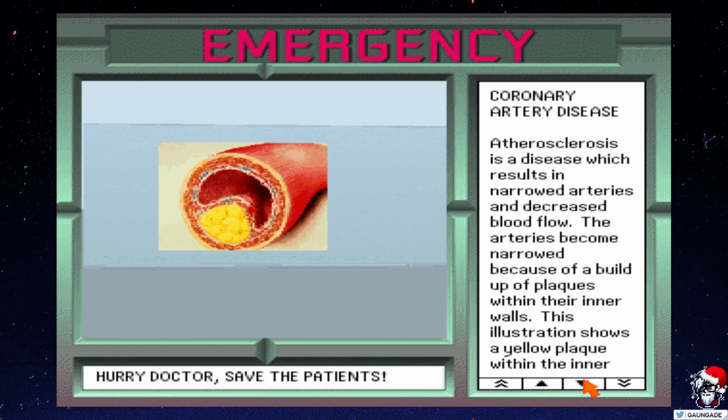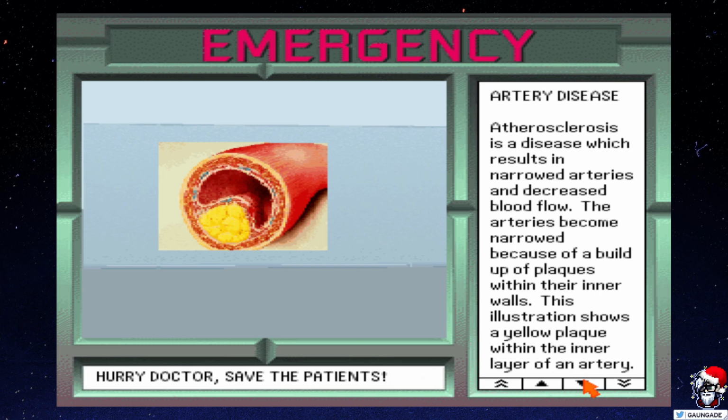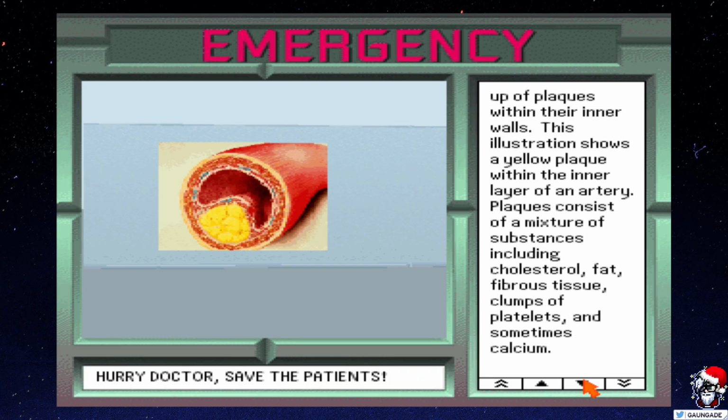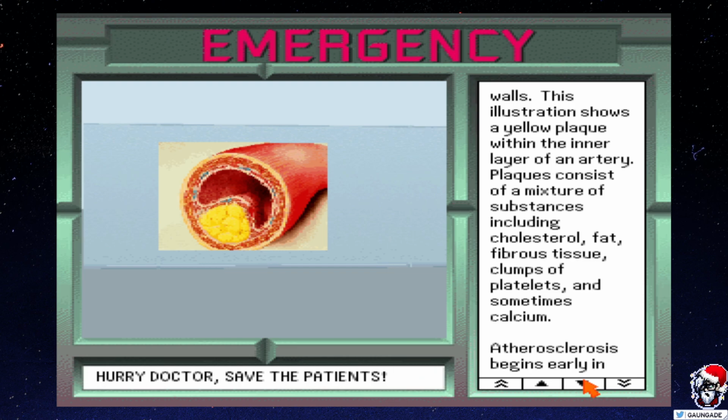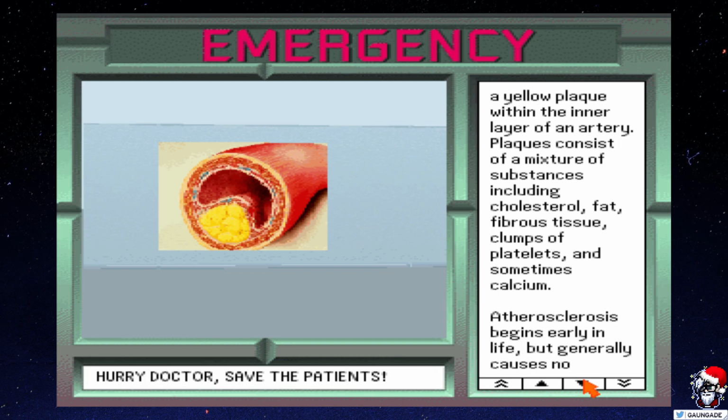Coronary artery disease. Atherosclerosis is a disease which results in narrowed arteries and decreased blood flow. The arteries become narrowed because of a buildup of plaques within their inner walls. This illustration shows a yellow plaque within the inner layer of an artery. Plaques consist of a mixture of substances, cholesterol, fibrous tissue, clumps of platelets, and sometimes calcium.